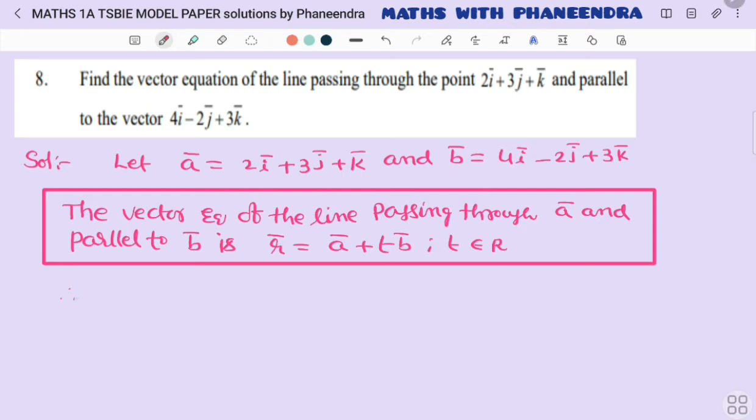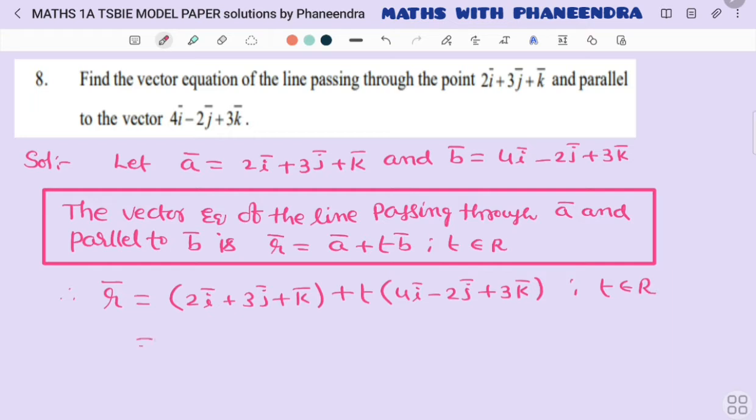So therefore, r bar equal to, in place of a bar, 2i plus 3j plus k, plus t into 4i minus 2j plus 3k, where t belongs to R. Even we can write it by taking the i bar coefficients common, j bar coefficients common.